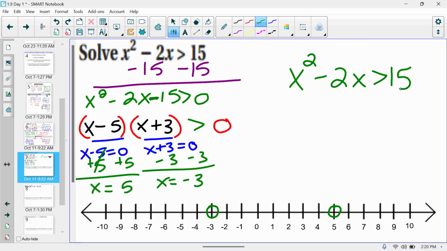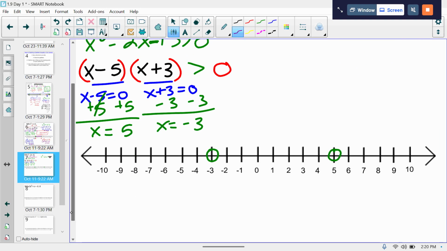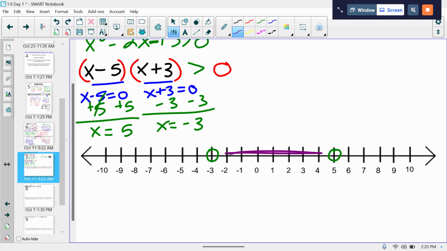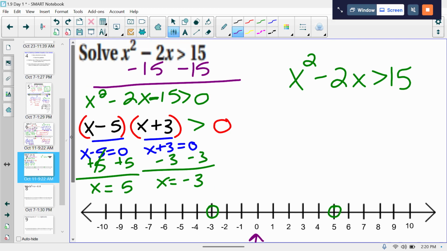So let's try to think about the shortcut. Do you remember I told you that usually all the points down here and up here are going to be the solution, or the middle is going to be the solution? It's usually going to be one or the other, okay? So let's check and see. 0 is the easiest thing you can possibly check. That's why I picked 0 first, okay?